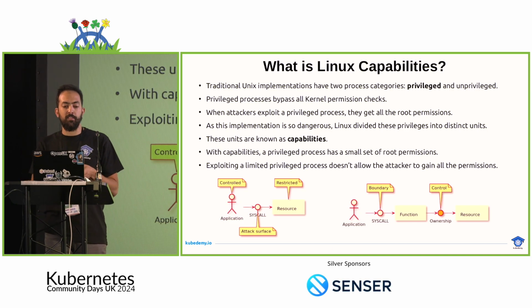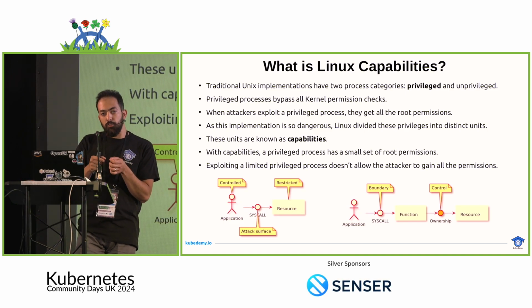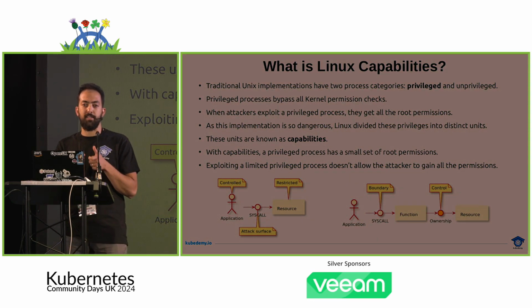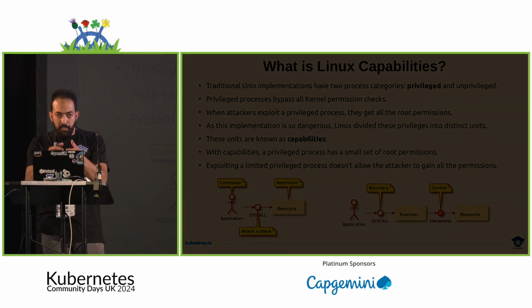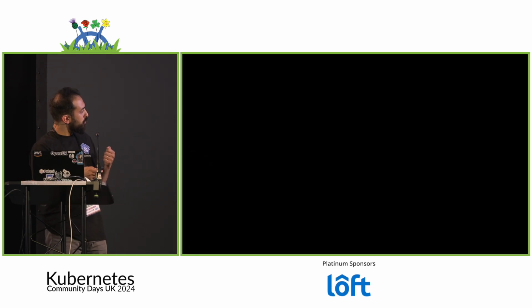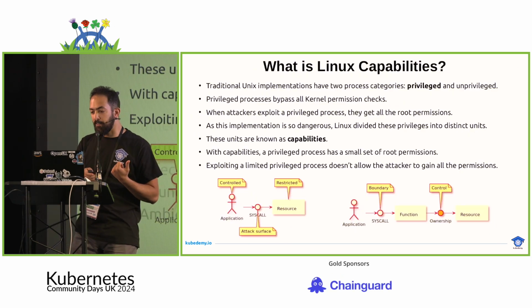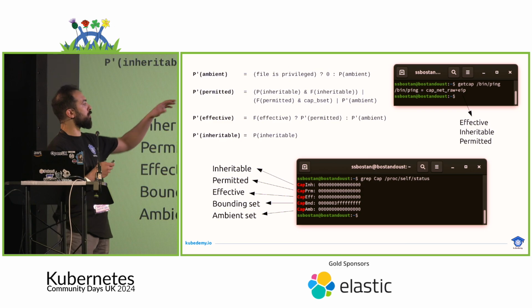So at the moment, when a user tries to do something which is harmful for the system, instead of gaining all the privilege, they go through the Linux capabilities, which can be set through a couple of commands.